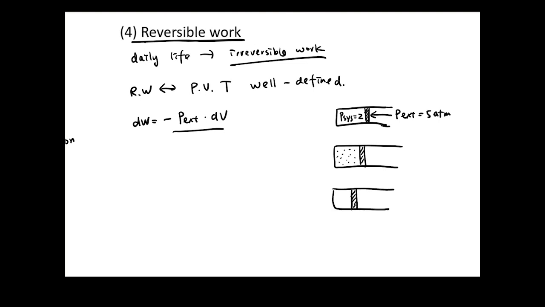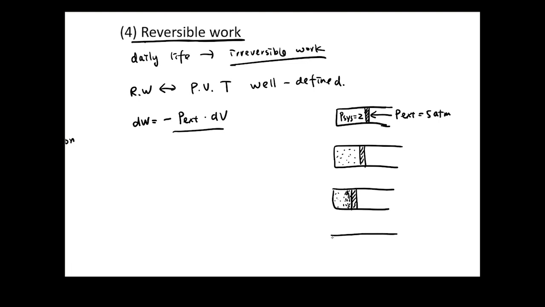If you look at a time point before reaching equilibrium, you're going to have a lot more dense gas molecules in the beginning side. In other words, inside your system, you don't have a homogeneous system. Since you don't have a homogeneous system, you cannot define the pressure of your system.